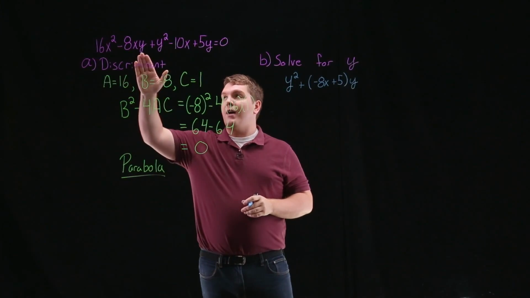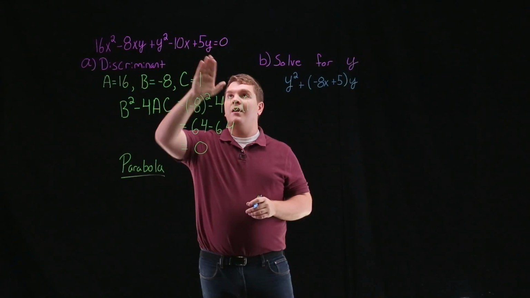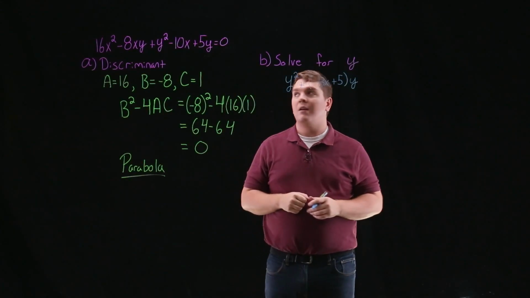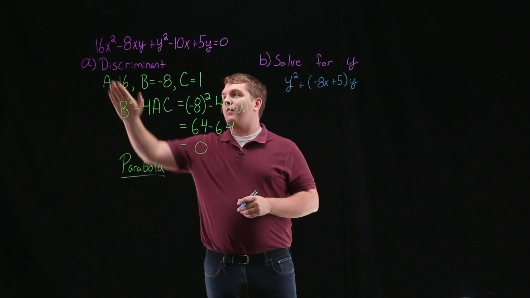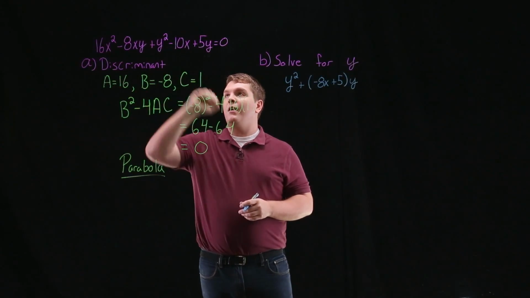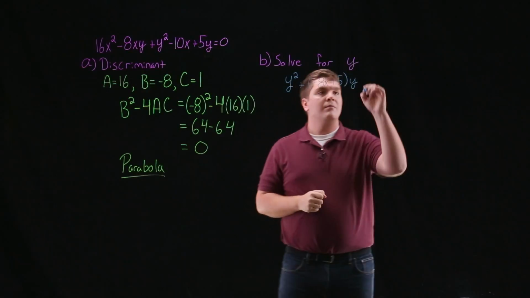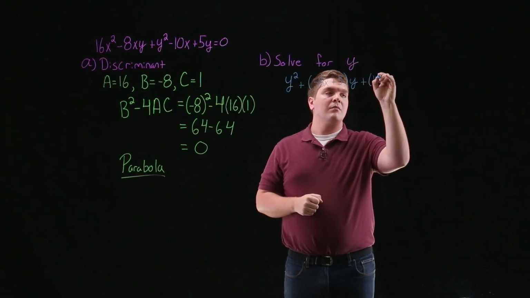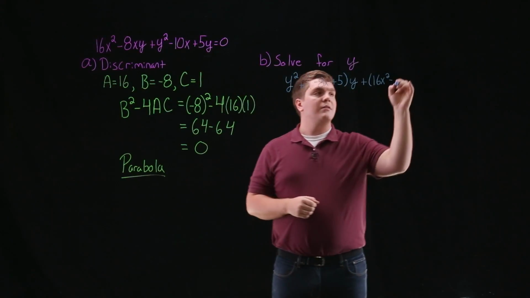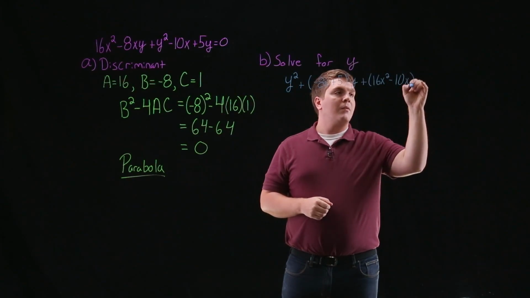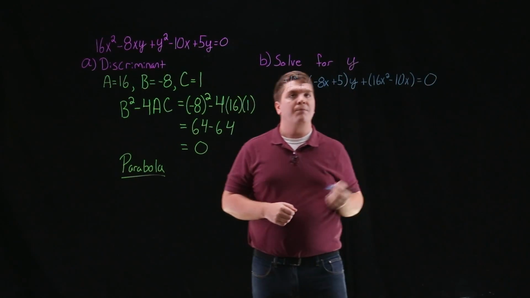All I did was factor out a y from this -8xy and this 5y. And finally, what we're left with is a plus 16x squared and a minus 10x, and this is equal to 0.